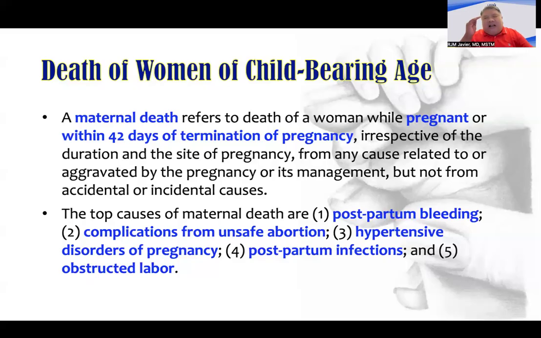Abortion is not legal in the Philippines, but it contributes to the burden of maternal death. Many women who want to terminate unwanted pregnancy would need to resort to unhygienic, unsafe abortive practices simply because it is illegal in the Philippines to commit even therapeutic abortion. So it's something that is very controversial.